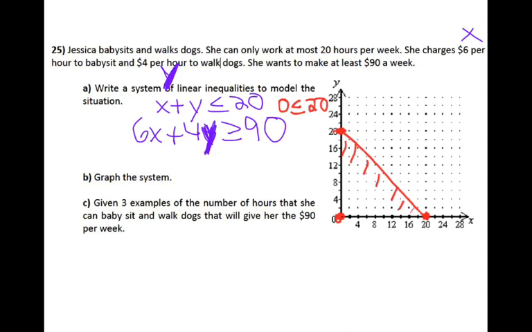I'm going to wait on shading too much, and then for the other one, the x-intercept would be, let's see, 90 divided by 6, which would be 15, so that would be right about here, and so this is 15. And then for the y-intercept, you want to plug in a 0 for the x, so 90 divided by 4, and that's 22.5, correct?